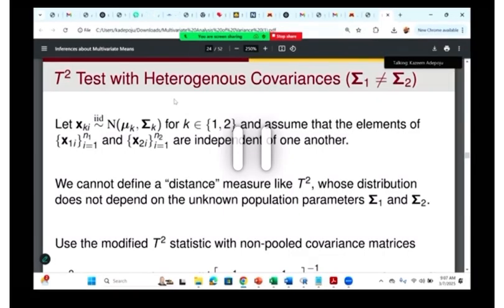Before you see how the T-square test or the confidence interval is going to be, I need to first walk you through how we test whether the covariance of the two groups we want to compare is the same or not. Okay, so I'm going to walk you through that.